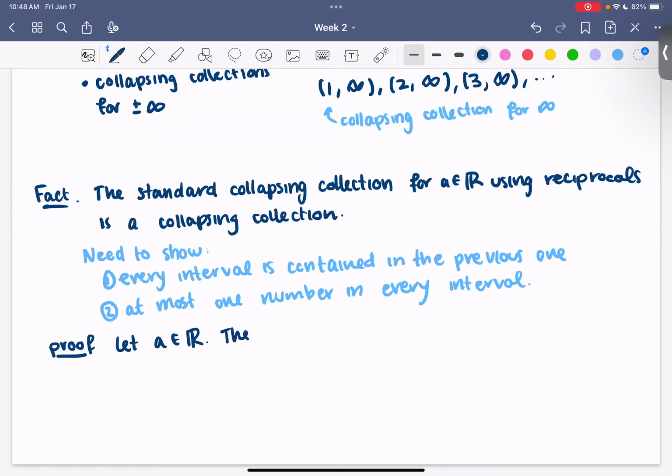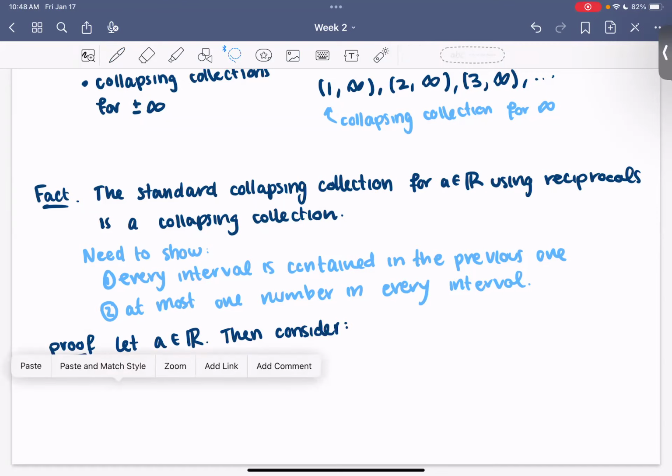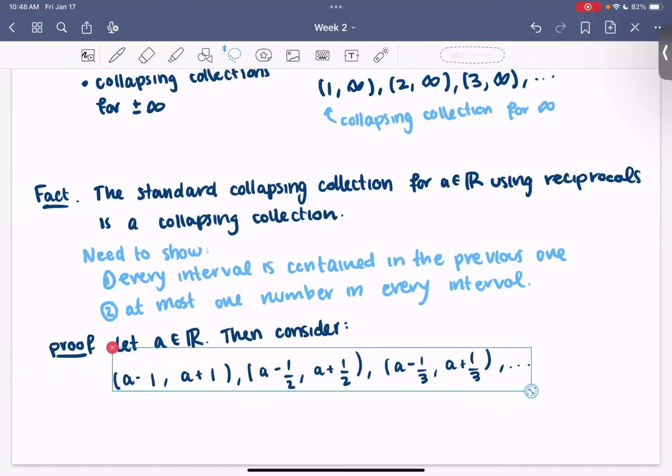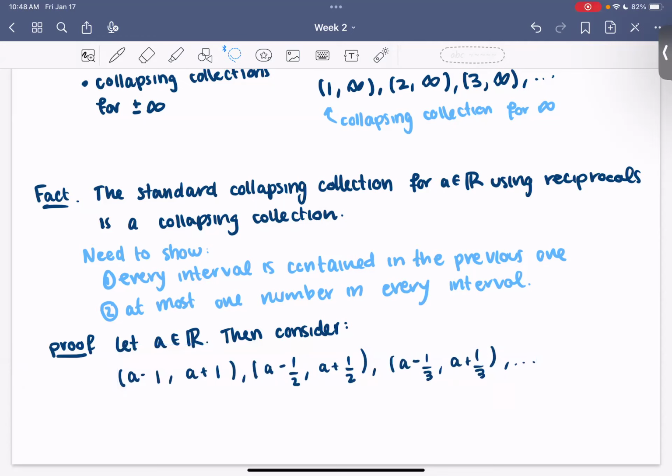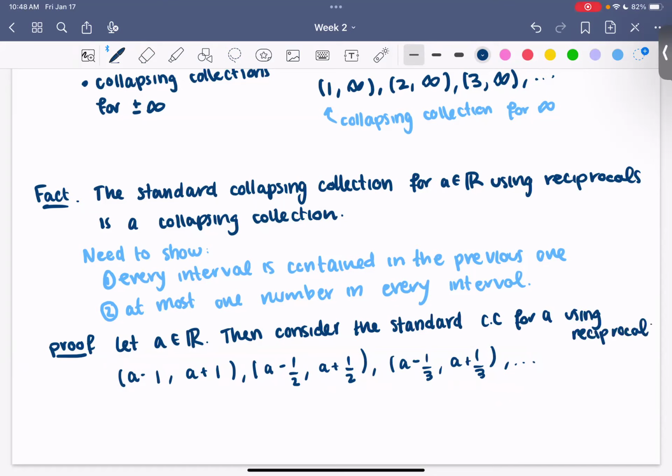So then we're considering, I have it in my clipboard, this is the standard collapsing collection using reciprocals. So the standard collapsing collection for A using reciprocals. Okay, so we need to argue these two points.